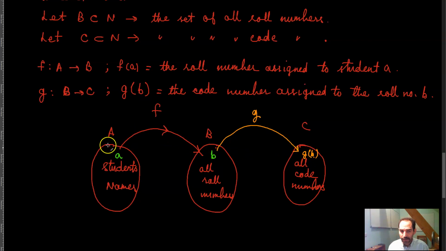Thus, by the combination of these two functions, each student is eventually attached to a code number, meaning that take any a over here, through function f you get to the corresponding roll number, and through the function g you get to the corresponding code number. That means that each student of the set A will eventually be assigned a code number through the combination of these two functions, both of them put together.